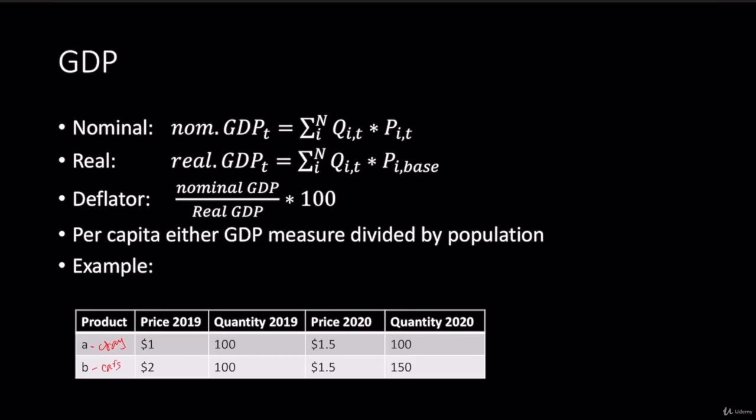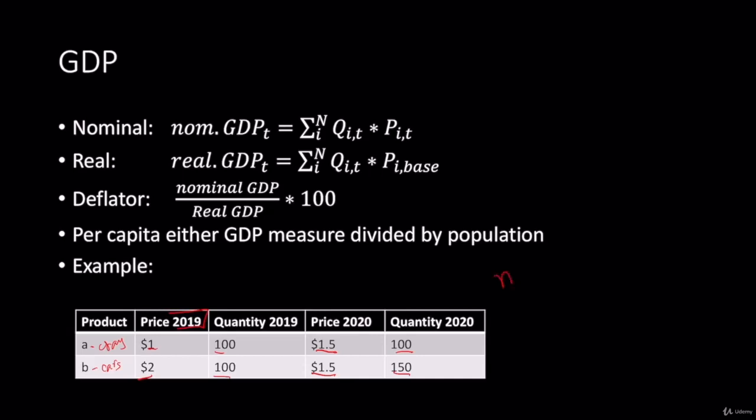And my prices, as you can see in 2019, are $1 and $2 respectively. In 2020, the price of orange juice went up by 50 cents, and the price of cars went down by 50 cents. And the quantity also changed. For oranges, they stayed constant, but for cars, it went up.